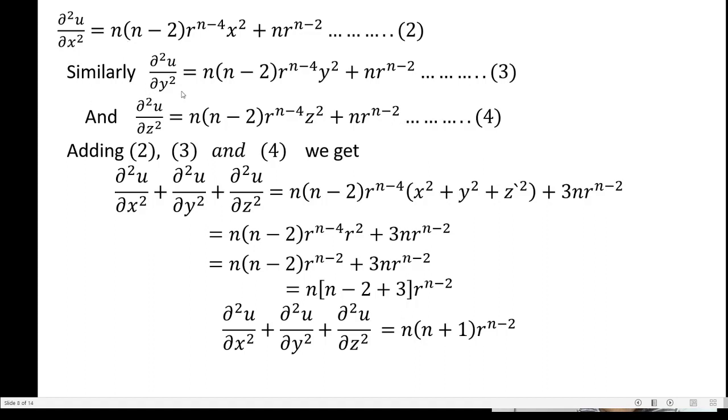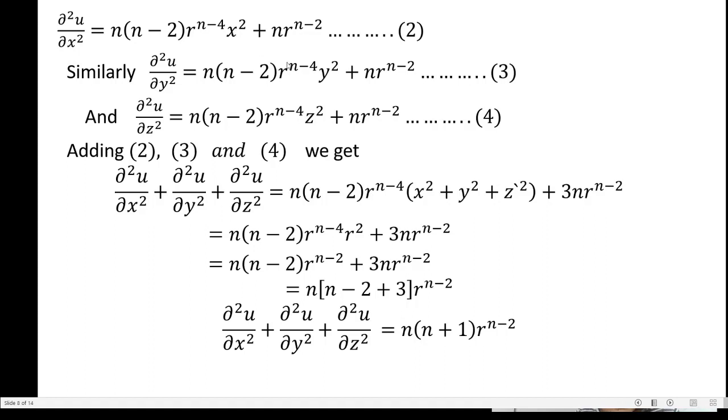Adding 2, 3 and 4, we get del square u by del x square plus del square u by del y square plus del square u by del z square. Adding these, what we have? n into n minus 2. In these three terms, we have n into n minus 2 into r to the power of n minus 4 common.